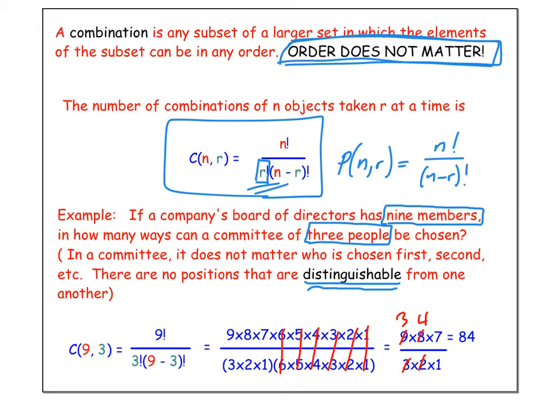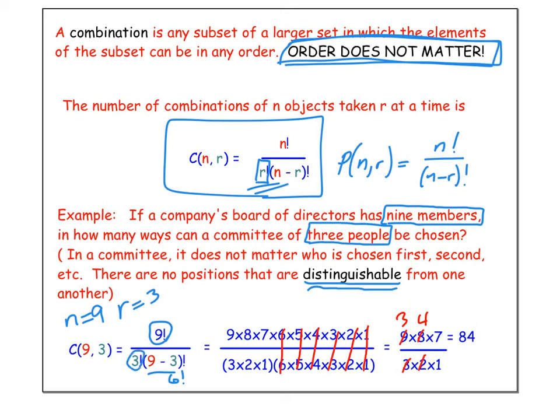So out of 9 members, in this example, n equals 9, we are choosing 3 people. In our formula, n factorial is 9 factorial on the top. 9 minus 3 is 6, so this becomes 6 factorial, and then you have your 3 factorial here as well.